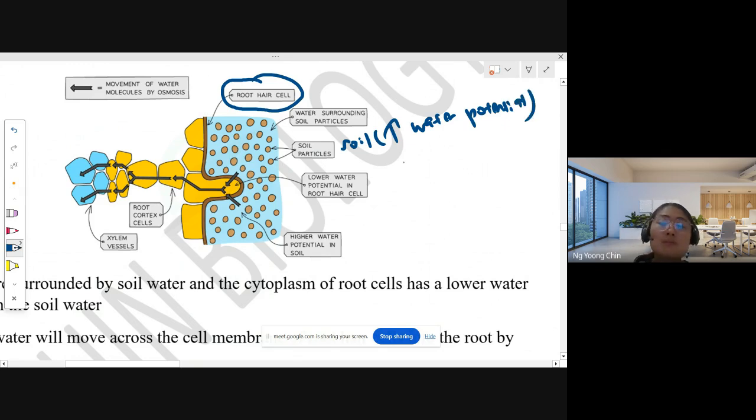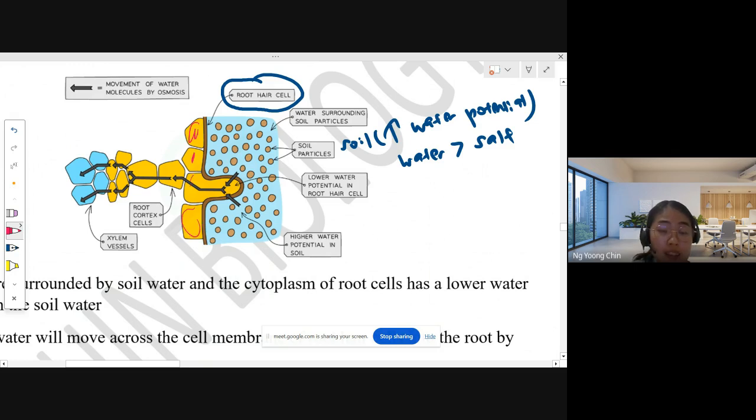Soil that has more water potential has more water, more water compared to salt. More water than salt. Then how about in the root hair cell? The root hair cell does contain the cell sap. We call this the cell sap of the root hair cell. This place, this place, this place.